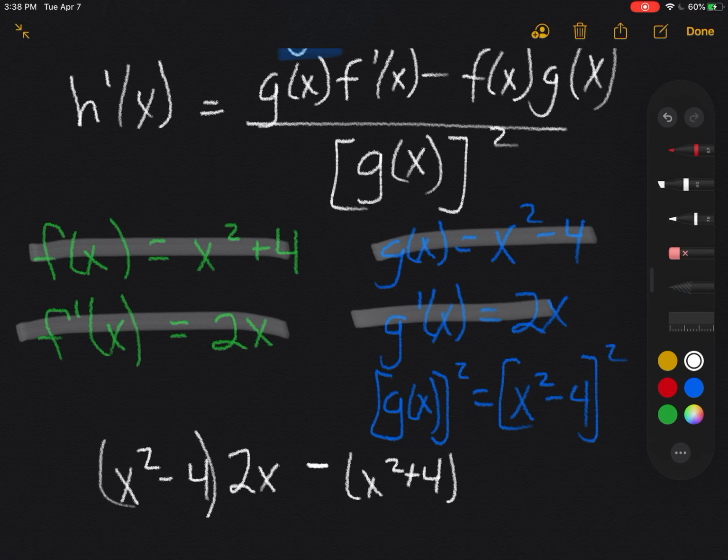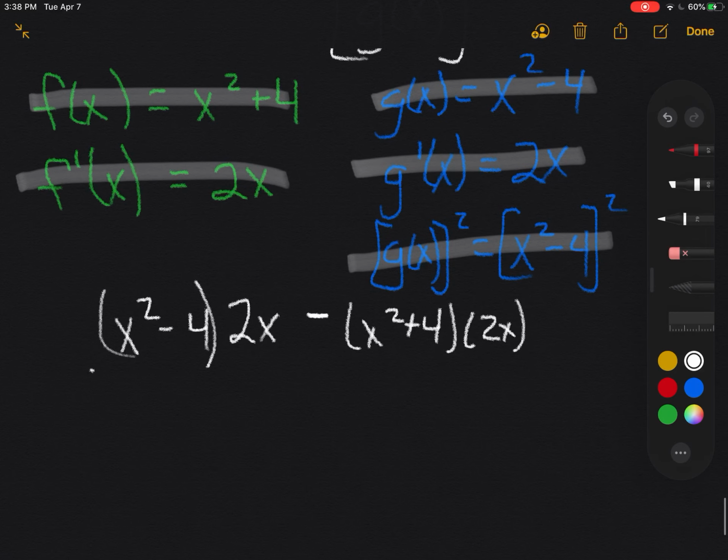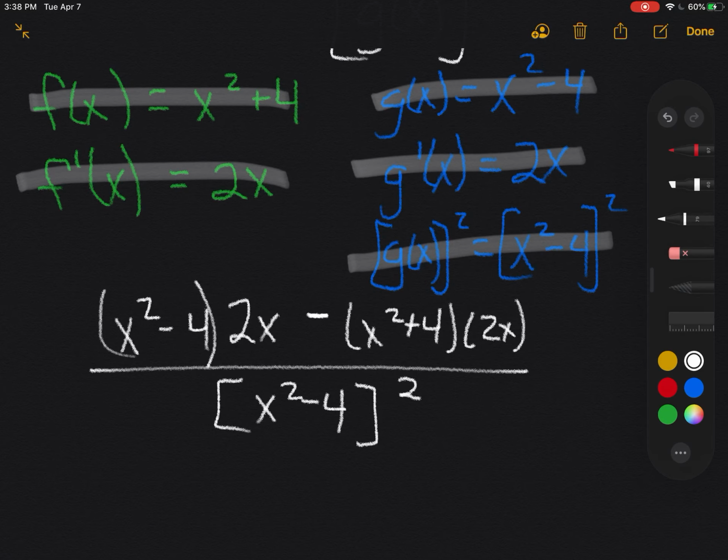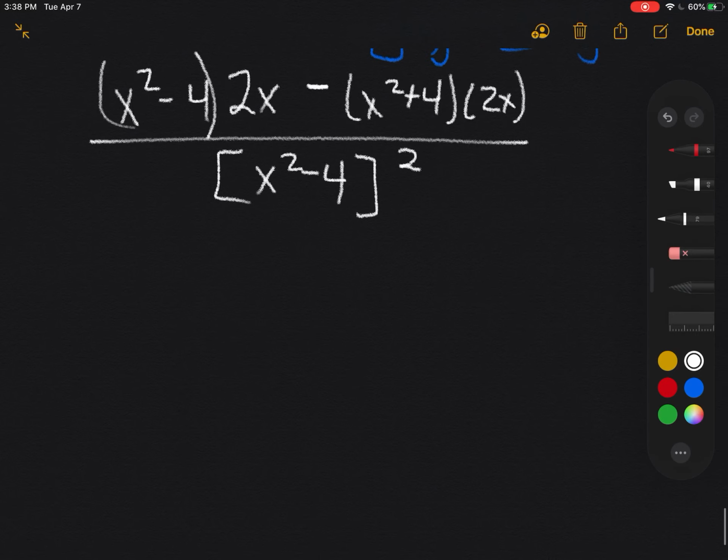Then I subtract the product of f of x and g prime of x. And then I divide all of that by g of x squared. And then now what I have to do is a lot of simplification.